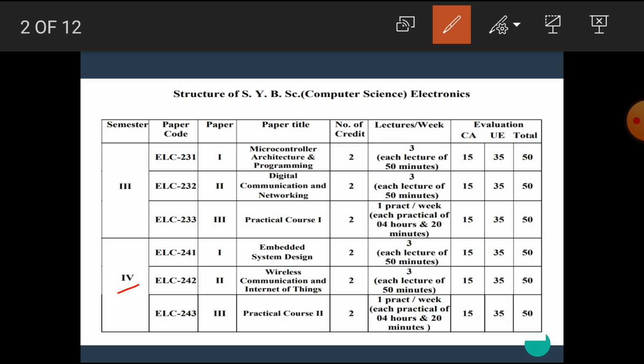In semester 4, the paper first is embedded system design, which is theory paper for 2 credits, and paper second is wireless communication and internet of things, which is also a theory paper for 2 credits. The third paper in semester 4 is a practical course for 2 credits.